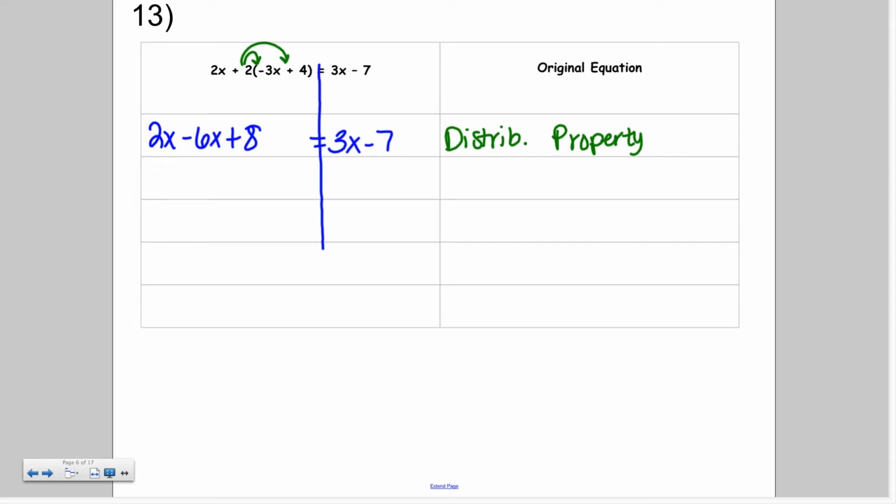Now we need to combine like terms. So we're going to use the associative property, which is combining like terms.